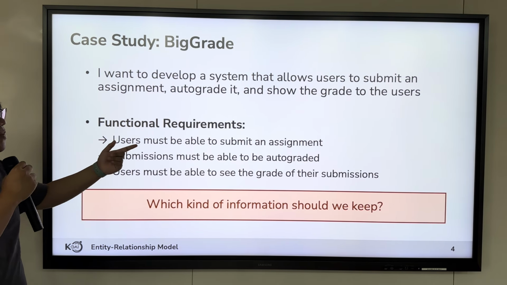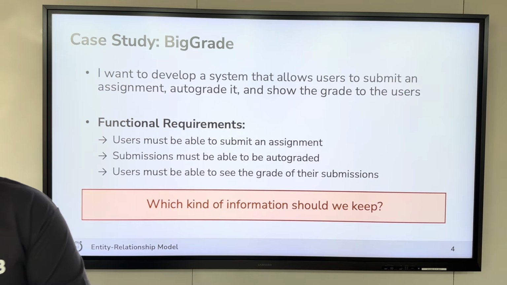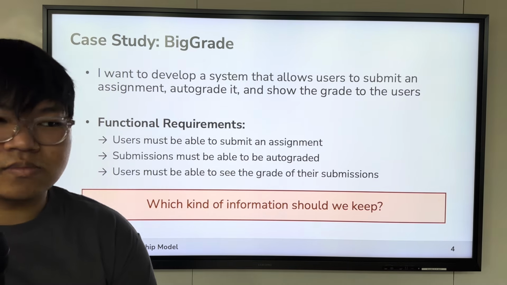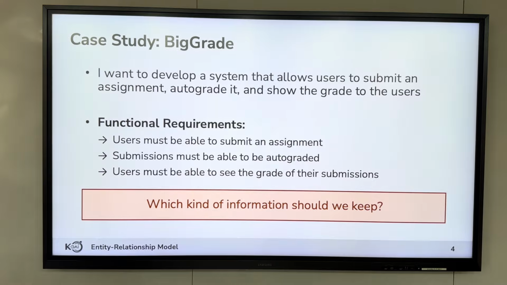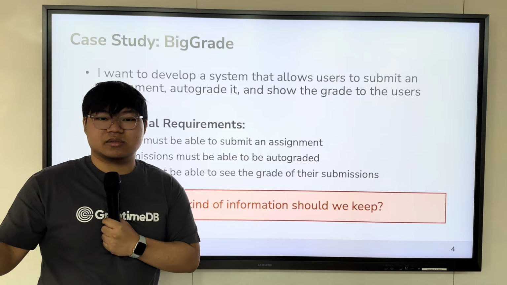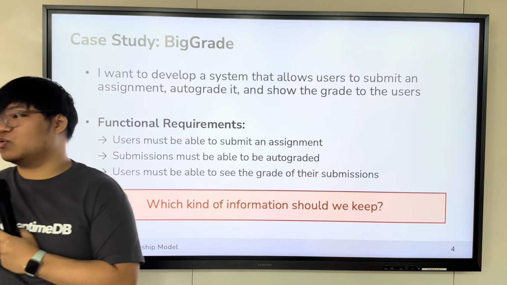So which kind of information do we need to keep? At least you need to know that users submit an assignment. The assignments and users. Which kind of information should we know?